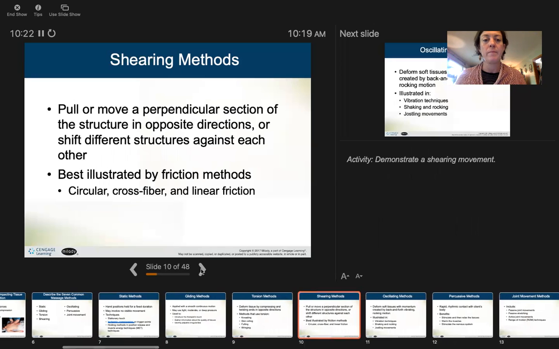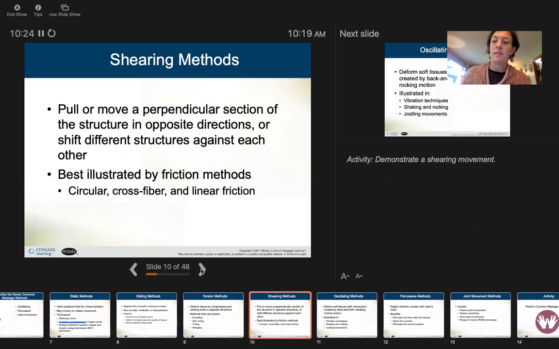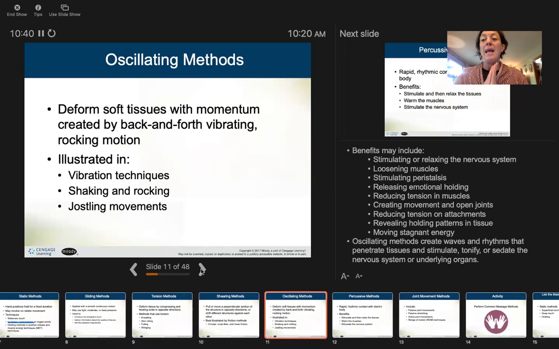Petrissage, shearing. So this is friction. Shearing, just imagine, like tearing, cutting, ripping, because you're really pushing that one tissue against the other. So you've got your circular, cross fiber, linear friction. Those are examples of that.